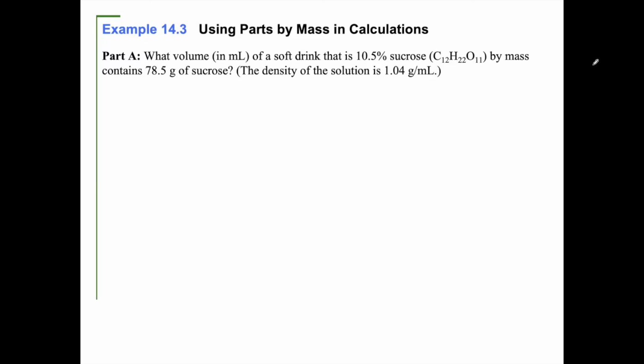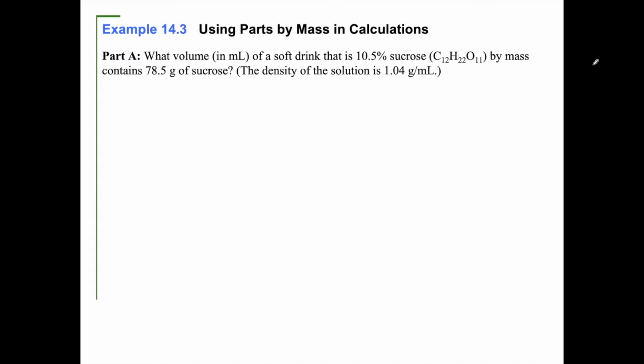So, okay, what volume in milliliters of a soft drink that is 10.5% sucrose by mass contains 78.5 grams of sucrose? Okay, so notice that we've been given the percentage of sucrose, the mass of the sucrose, and then the density of the whole solution.